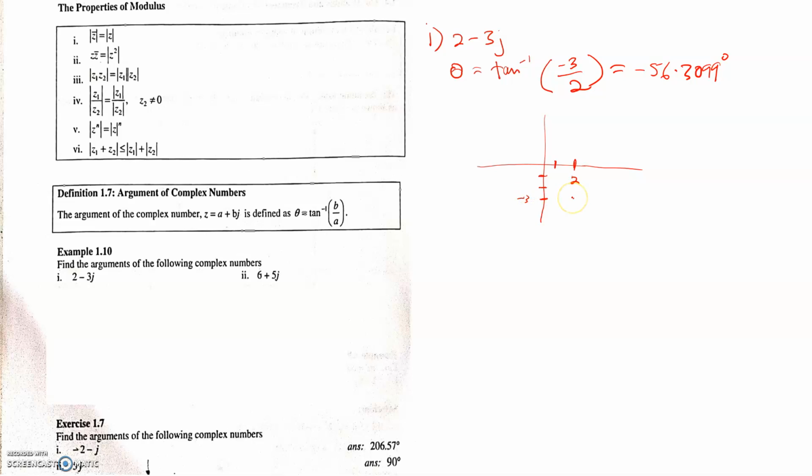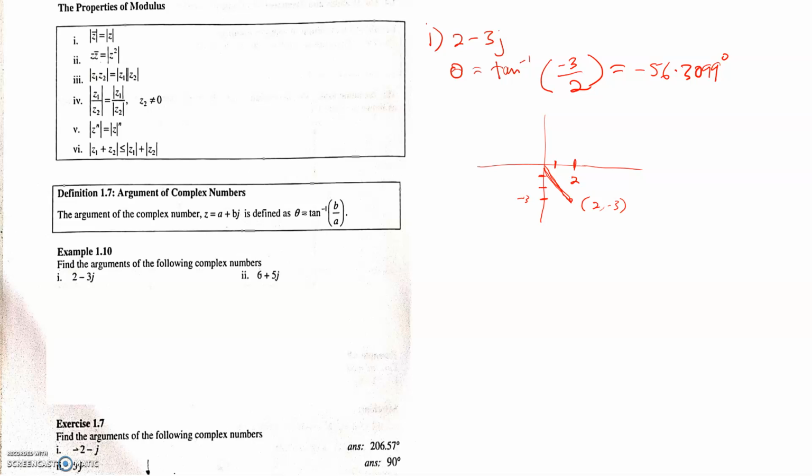So basically this is where it should be, right? So we have 2, negative 3 here. If we were to draw the line, this is where it should be. Okay, this is the location.